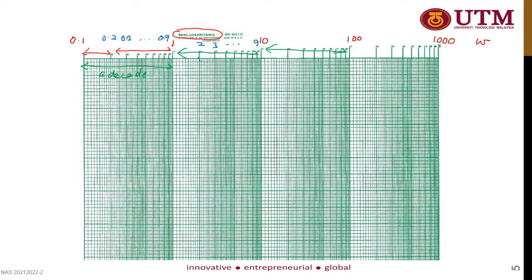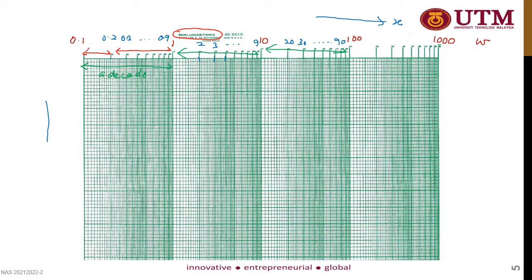This is for 2, this is for 3, 4, and so on. Followed by the next decade, 10 until 100, the subsections are 20, 30 until 90, and so on. But this is for the x-axis.